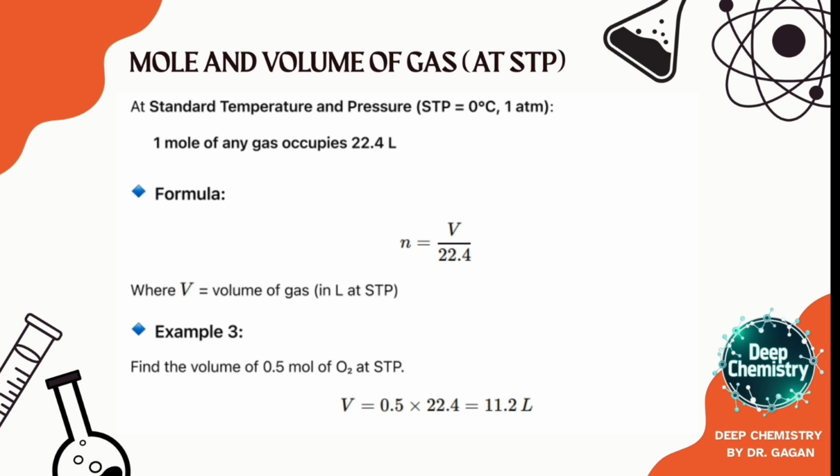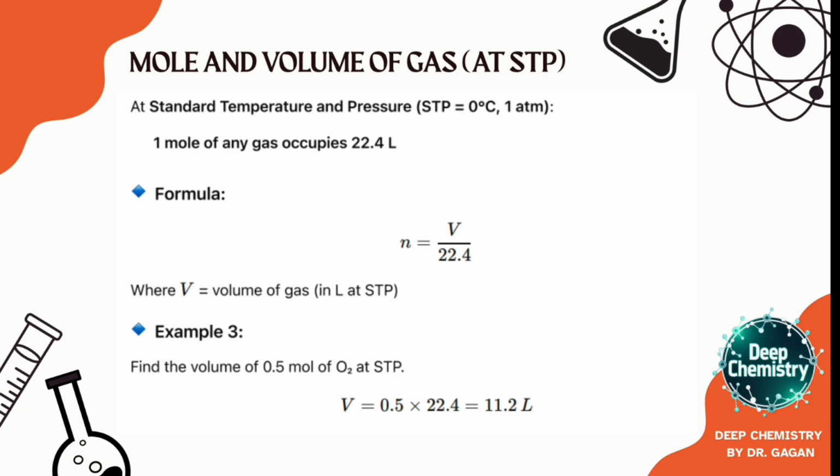So if we have half a mole of oxygen gas, the volume will be 0.5 × 22.4, that is equal to 11.2 liters. This makes gas calculations super easy in stoichiometry.